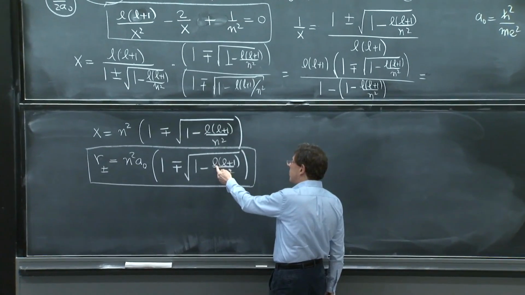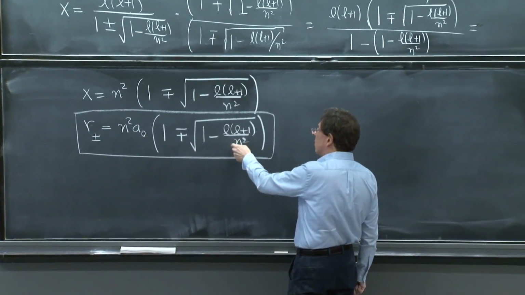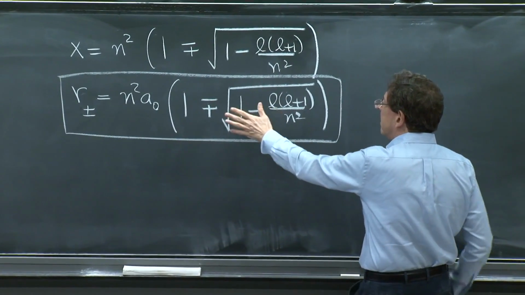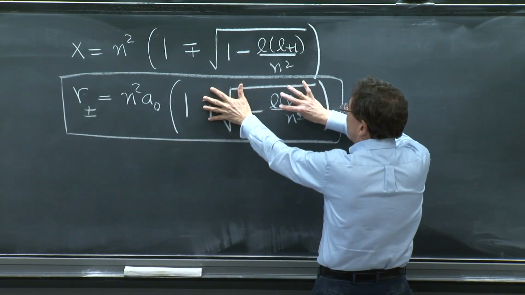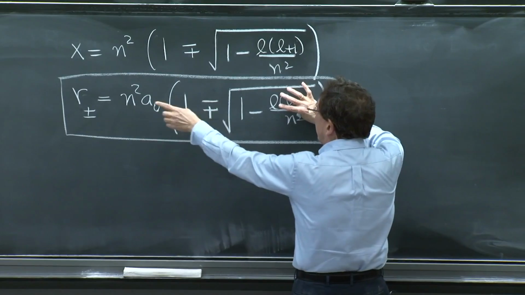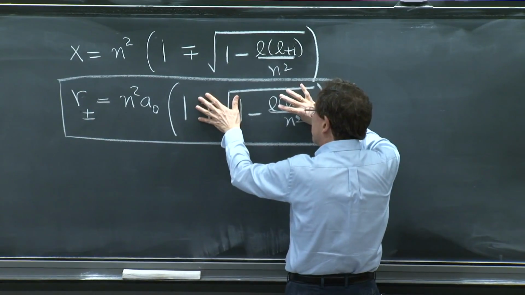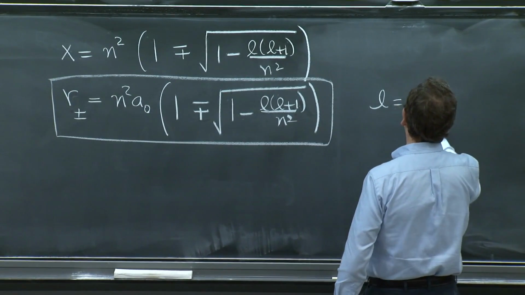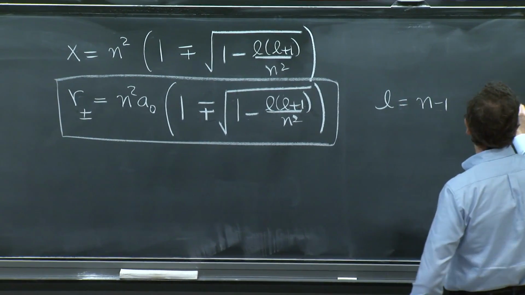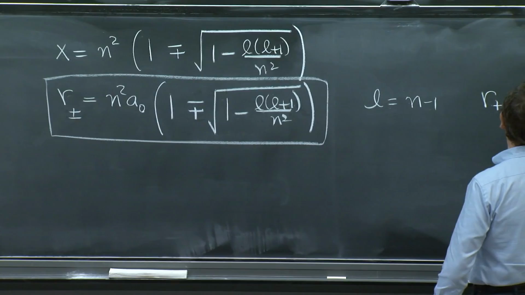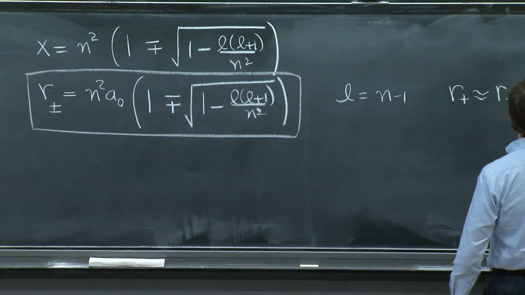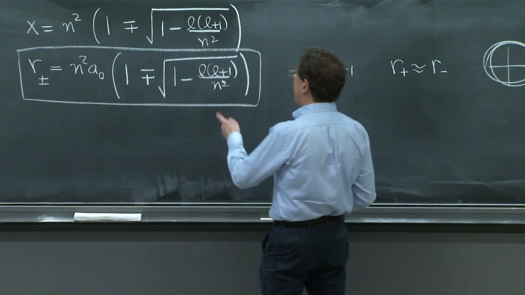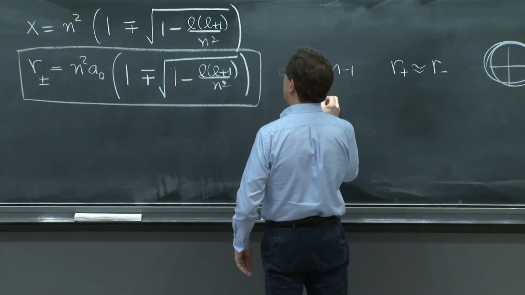Remember, L can go up to n minus 1. So at that point, this is essentially 1. You cancel this, and there's nothing here. So r plus and r minus become about the same. For L equals n minus 1, r plus is almost the same as r minus, and the orbit is circular, completely circular.